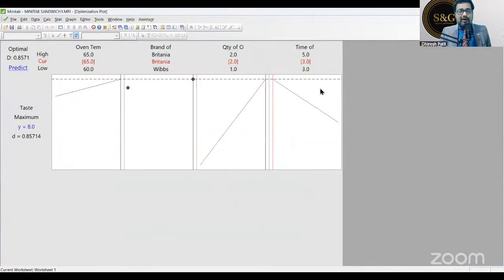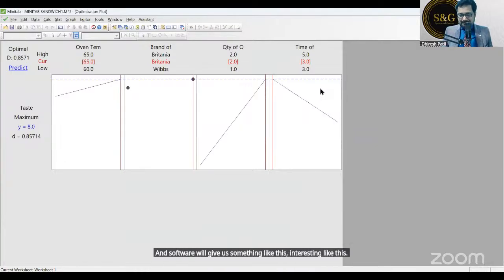And the software will give us something like this, interesting. Everybody got it? Just type yes in the chat box.